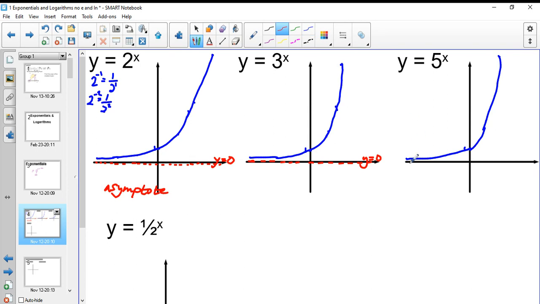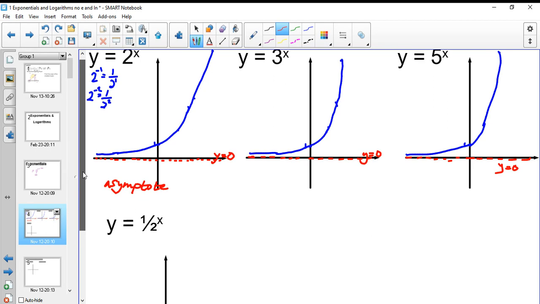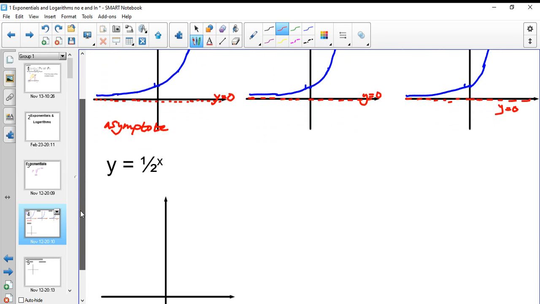From a sketch point of view, they look pretty much the same. All you need to remember is the general shape, where the asymptote is, and where it crosses the y-axis. Other than that, you can't really tell much difference between them.